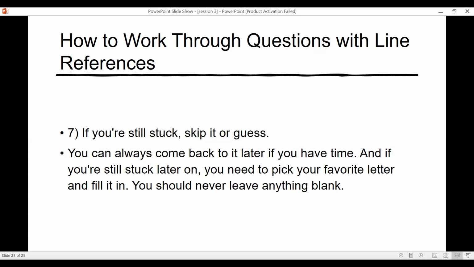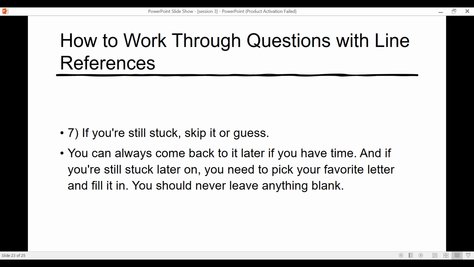So please, if you feel like you are stuck and you couldn't figure out the best answer relatively quickly, you can skip it, or you guess it based on the process of elimination.